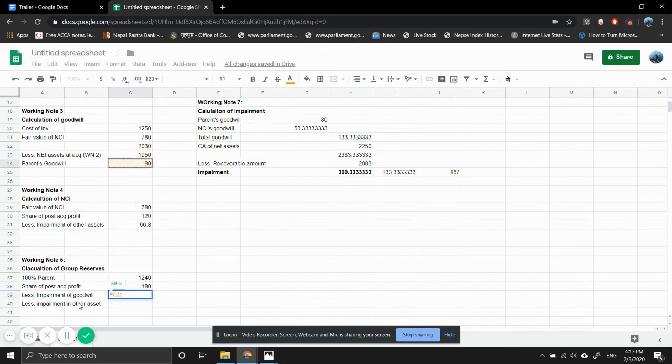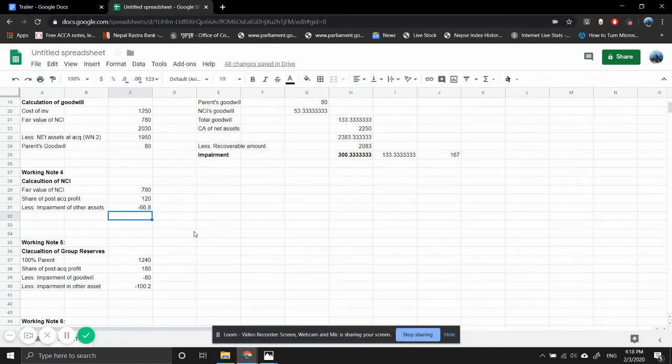Okay, and then the rest will be charged against, which is 167 into 60%, into... before, right? This figure should be in minus, even this, even this.